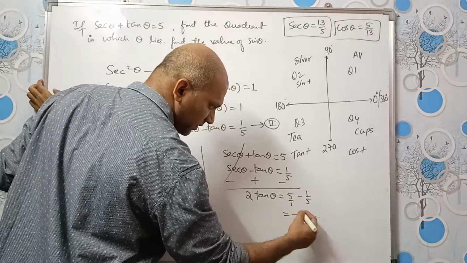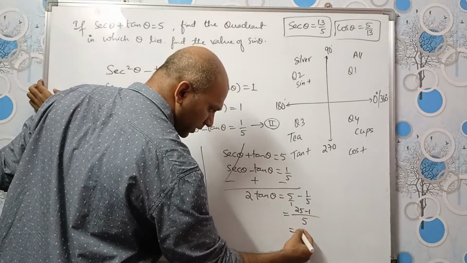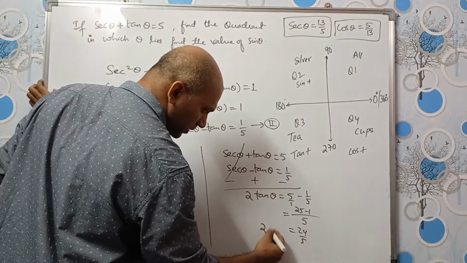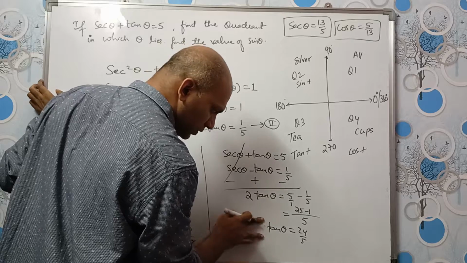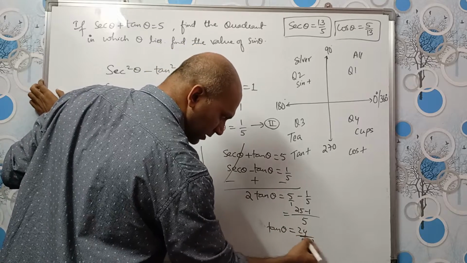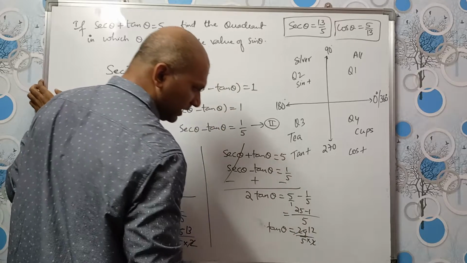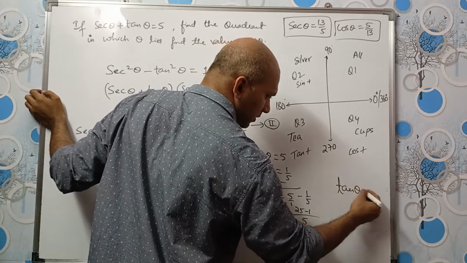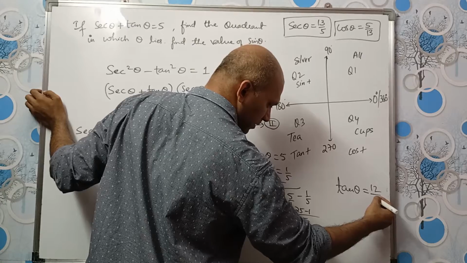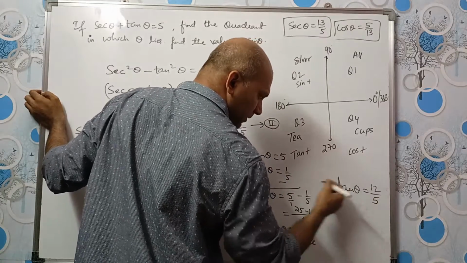So denominator is 5. 25 minus 1. 24 by 5. So it is 2 tan theta is equal to 24 by 5. This 2 goes in the denominator. This will be 12 by 5. Okay. So what is tan value? Tan theta is 12 by 5. Okay. Alright.